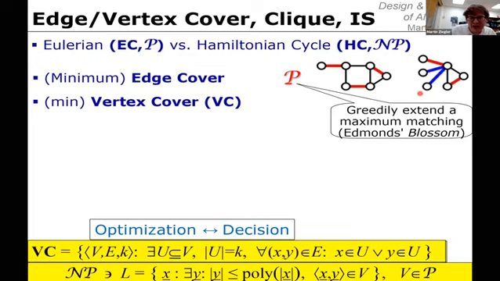Again, we're looking for a minimum vertex cover, but we rephrase this minimization problem as a decision problem: given a graph and given a natural number k, does this graph have a vertex cover of size k? Not a minimum one, but one of size k.